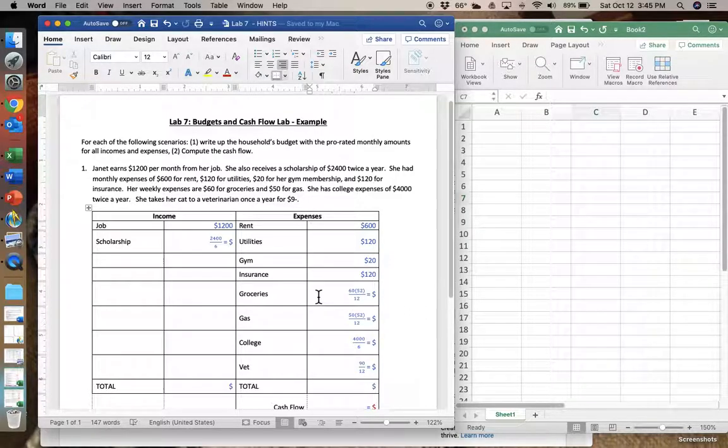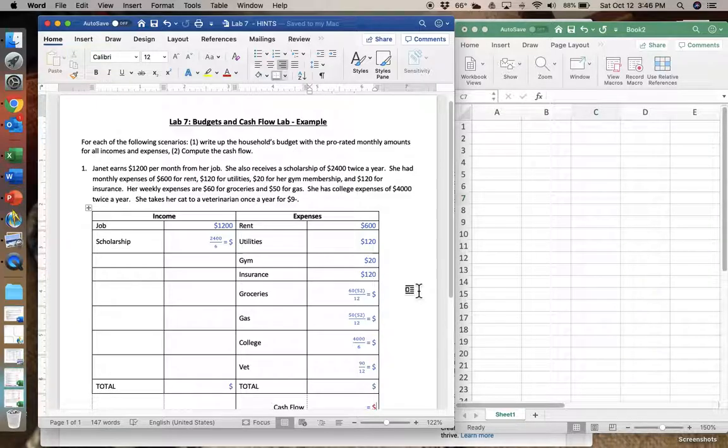So, in this problem, it says Janet earns $1,200 per month from her job. She also receives a scholarship of $2,400 twice a year. She has monthly expenses of $600 for rent, $120 for utilities, $20 for her gym membership, and $120 for her insurance.